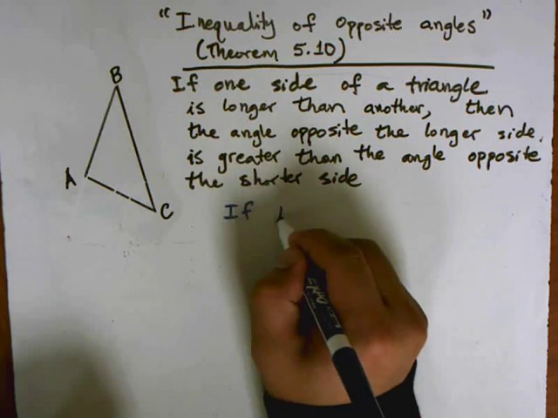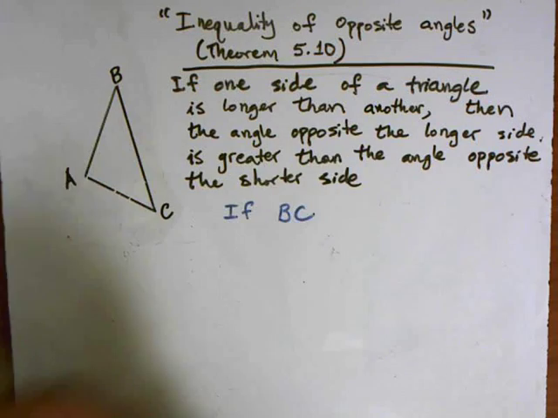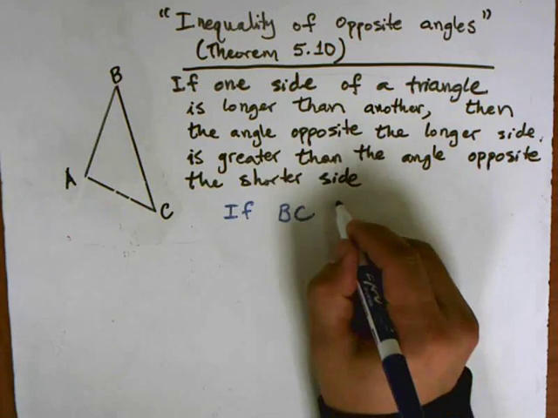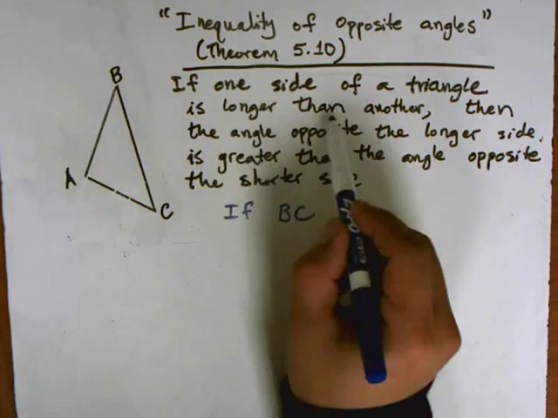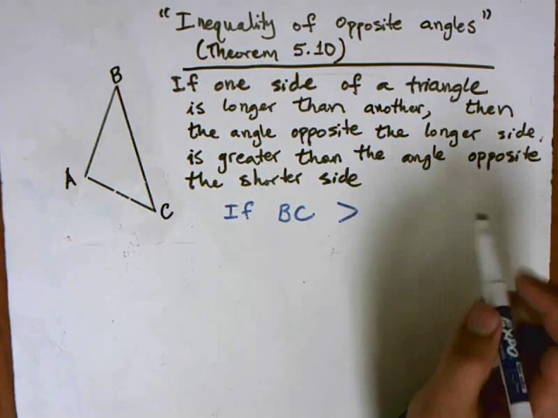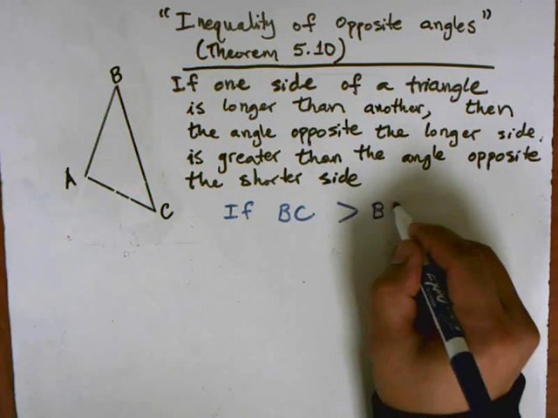If BC, and we'll let BC be the longer side, is longer than BA.